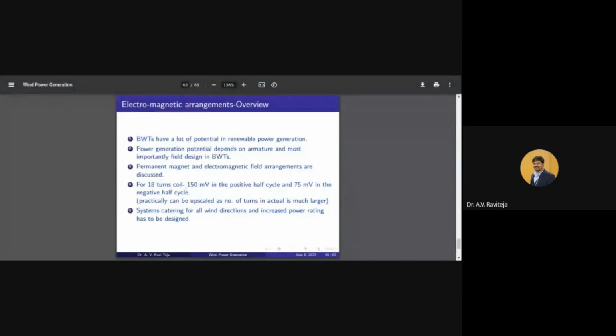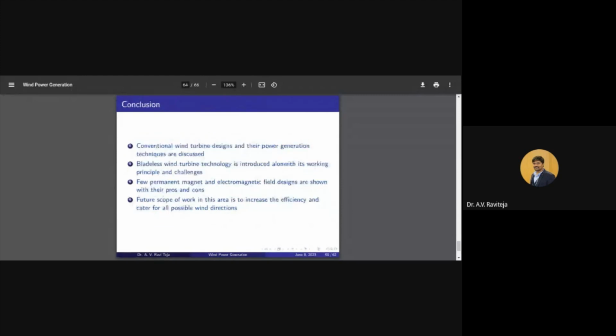For an 18 turns coil, we have achieved 150 millivolt and 75 millivolt in the positive and negative half cycles in the laboratory. We are trying to scale this up by increasing the number of turns in the coils. Okay. So a system for all wind directions and increased power rating has to be designed. So this is the conclusion.